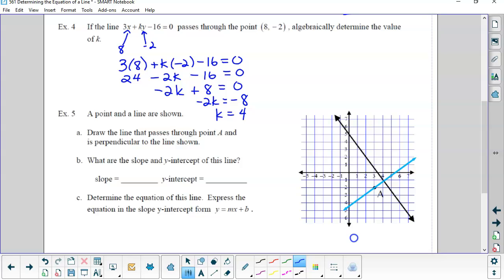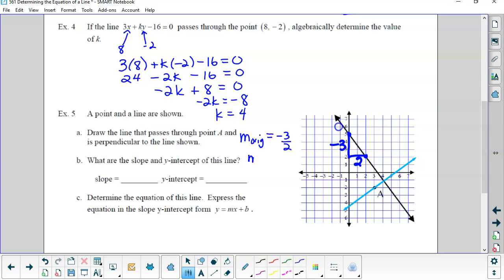Slope and y-intercept of this line. Well, first of all, what's the slope of the line given? So choose two nice points, negative 3, 2. So slope of original equals negative 3 over 2.